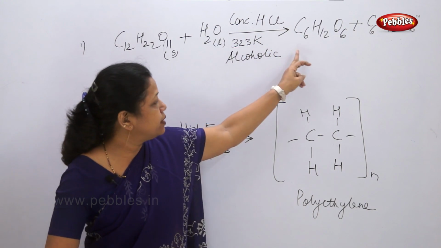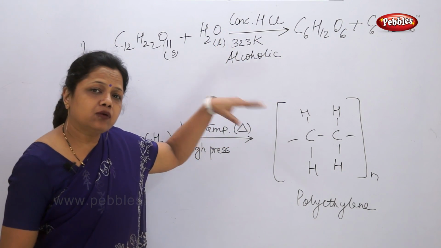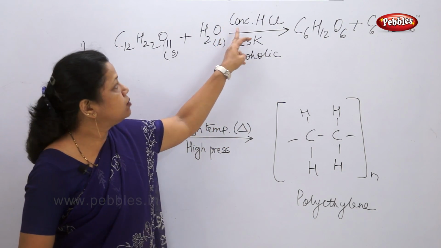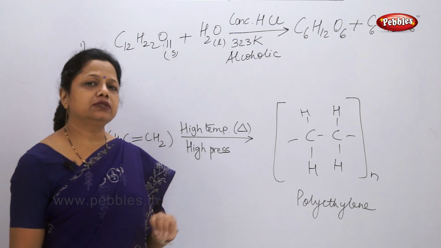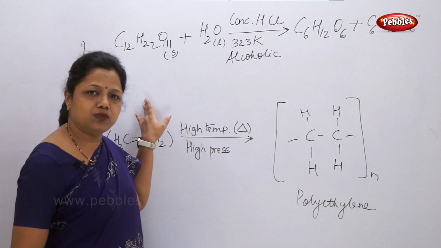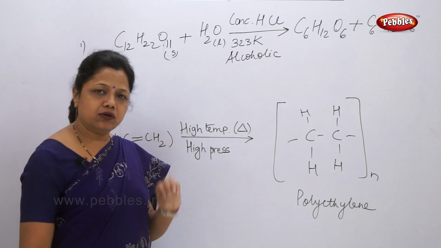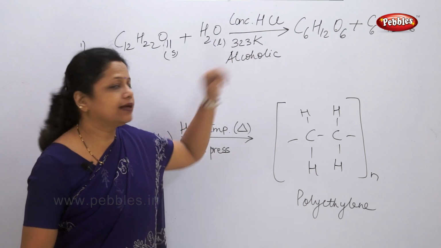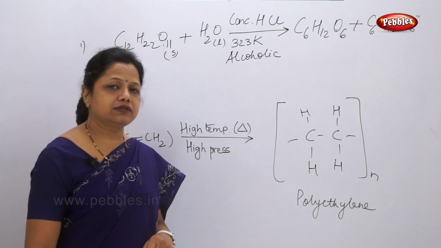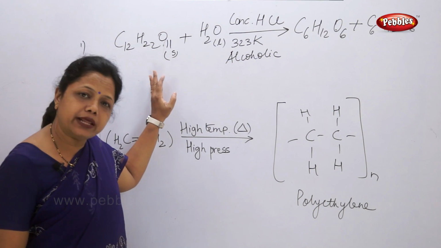Now an arrow is made, and something is written above the arrow and below the arrow. Above the arrow, concentrated HCl. That means in the presence of concentrated HCl, this reaction takes place. HCl is hydrochloric acid. Then 323 Kelvin is the temperature required for this reaction to take place.